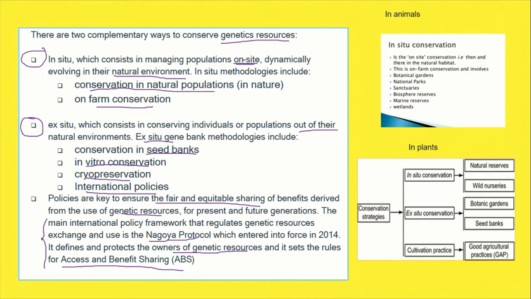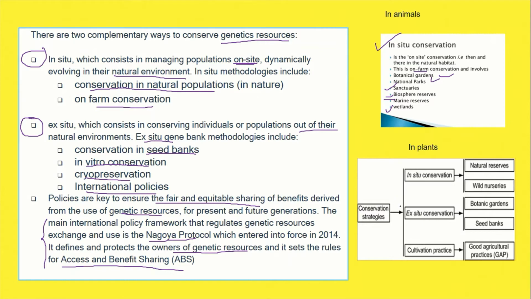So we have those two methods. I have just given other examples of in situ, for example, where we are having on-site conservation in their natural habitat, or on farm, such as botanical gardens. We can have national parks, sanctuaries, biosphere reserves, marine reserves, and wetlands.